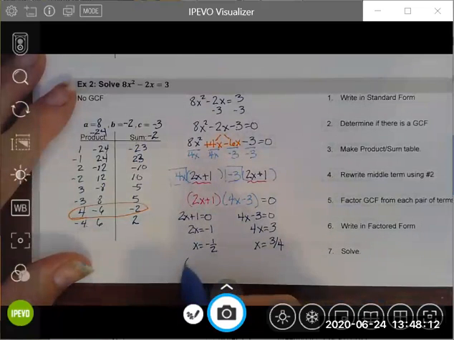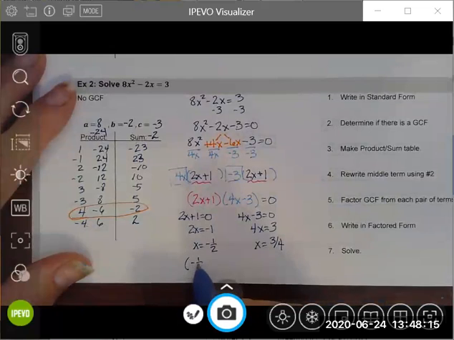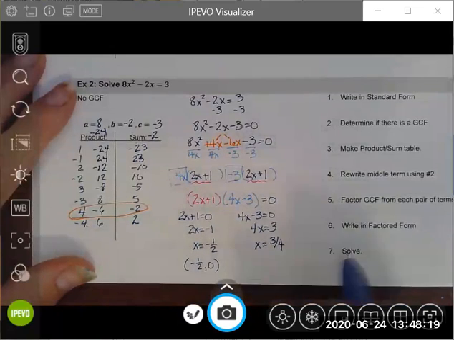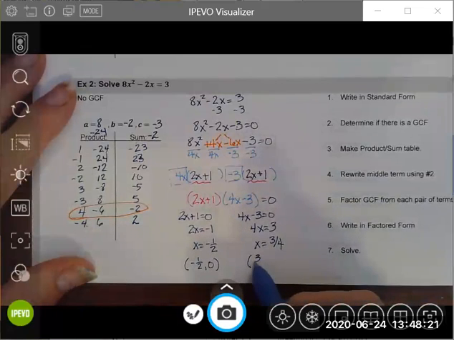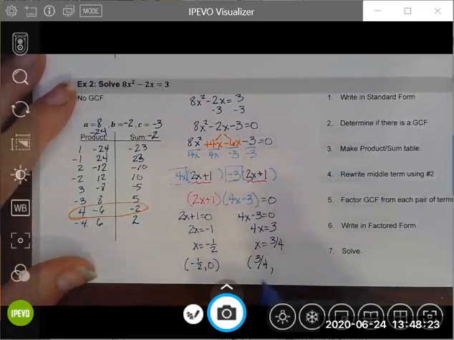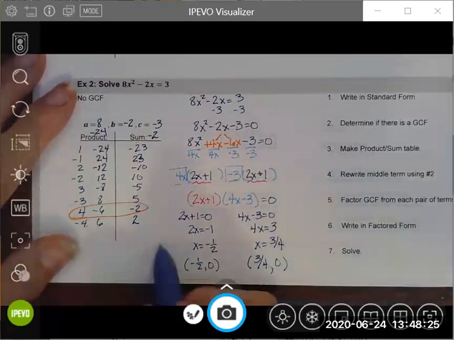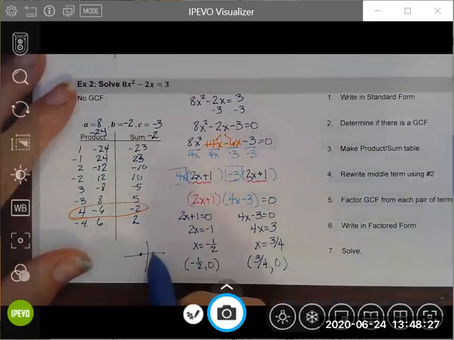And if you remember, this means that my parabola crosses the x-axis at negative 1/2, 0, and it crosses it again at 3/4, 0. And if I wanted to sketch it out, I would be able to do that, and it would look something like that.